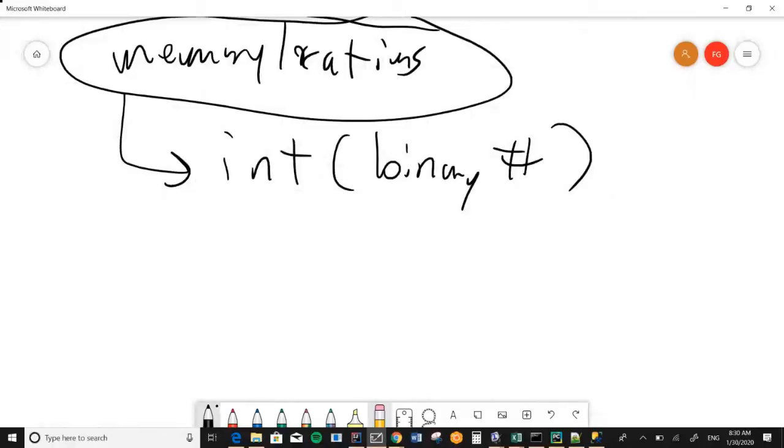What we want is to set up a circuit that lets us take some binary number representing a memory location, and once we have that number, we want to be able to read and write data to that location. We want both options, both the reading and the writing.